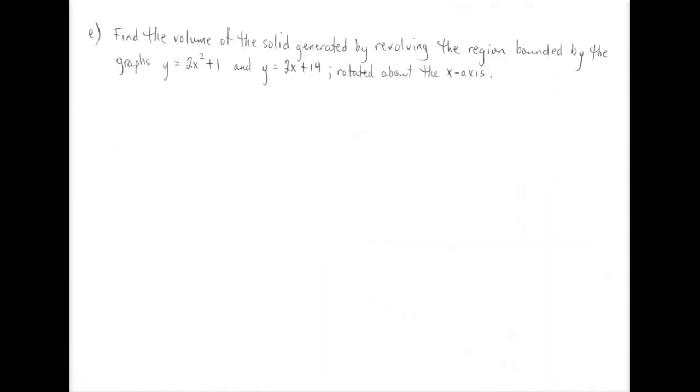So for this next example, we want to find the volume of the solid generated by revolving the region that's bounded by the parabola 2x squared plus 1 and the line 2x plus 14, and we want to rotate it about the x-axis, okay? And notice that the x-axis, of course, is a horizontal line.